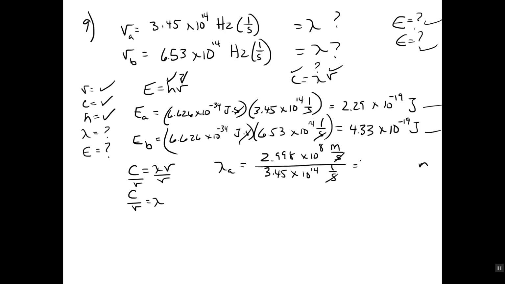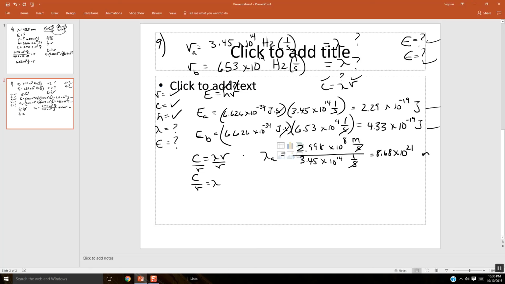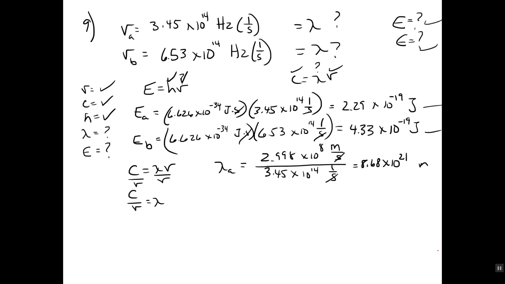And so you get here 8.68 times 10 to the 21st. That's probably actually 8.6. Oops. I hate doing that. That's going to actually be 8.69. I have to correct that. Okay?